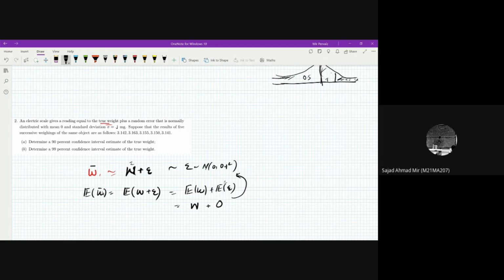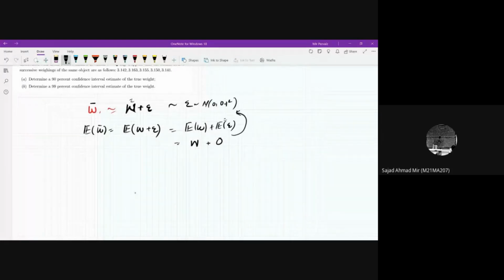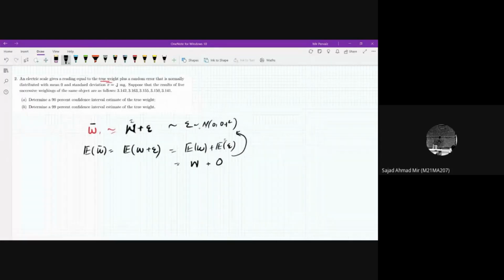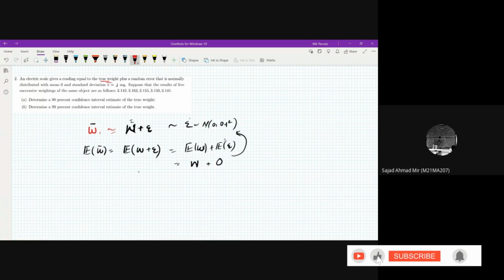Due to the noise which gets added into this process, we have to determine certain things. The distribution of error is given, so the distribution of W bar is also known. What will be the distribution of W bar, my new variable for which the noise is added, if the distribution of error is normal with 0 comma sigma square?